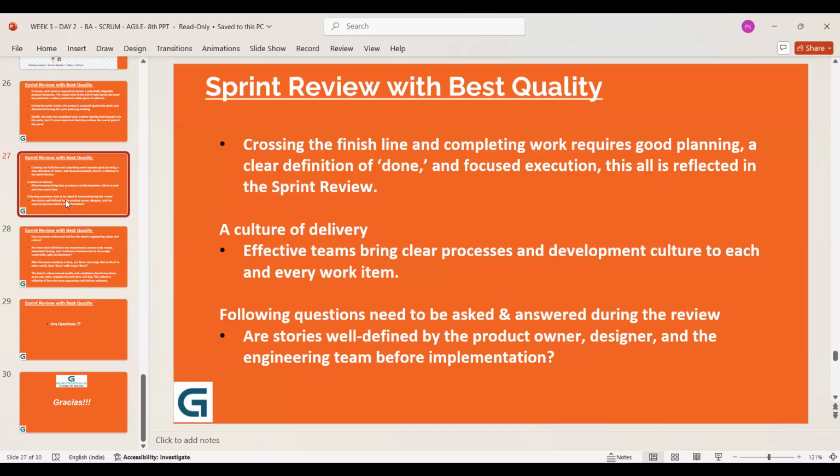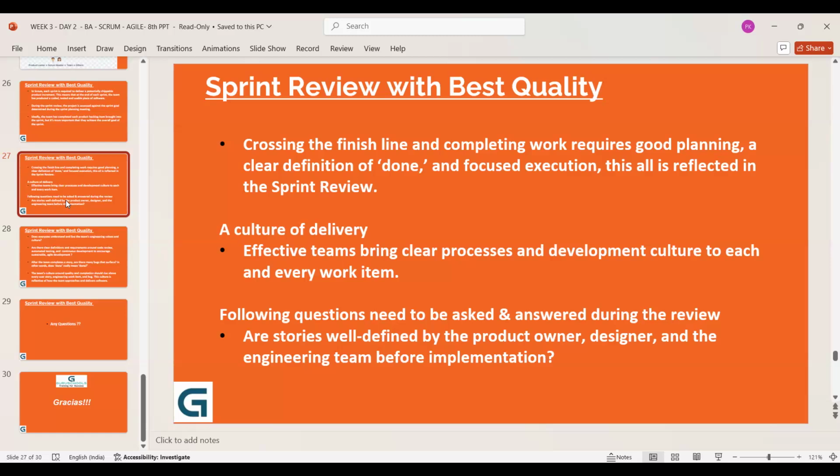Okay, because sometimes even the functionalities may be written clearly, but everyone's understanding of it is a lot different. So that's why we are asking about the outcome of the overall definition. Are all these stories properly understood by the stakeholders or not?